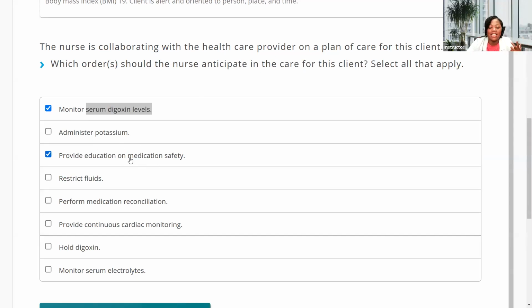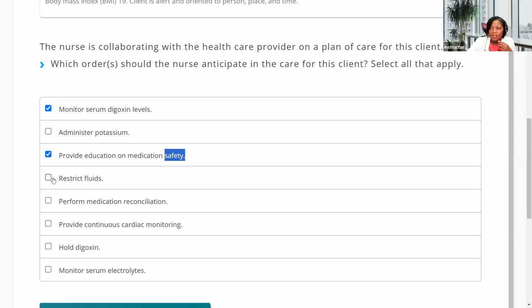The word safety, I like it because this is a safety exam, but it's important to roll that over into real practice too. We should be giving our patients education on their meds.